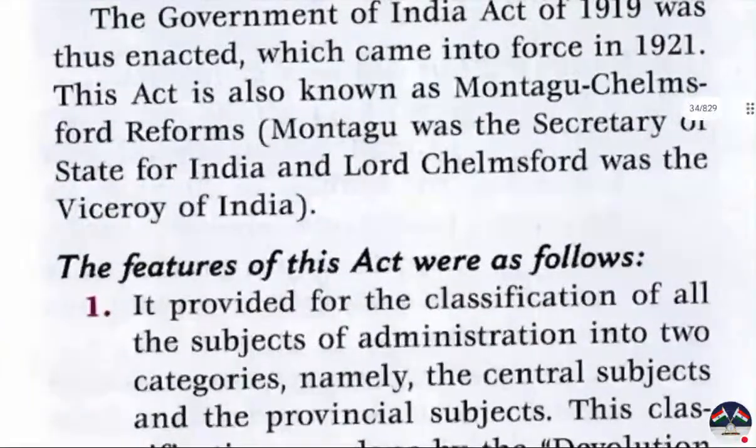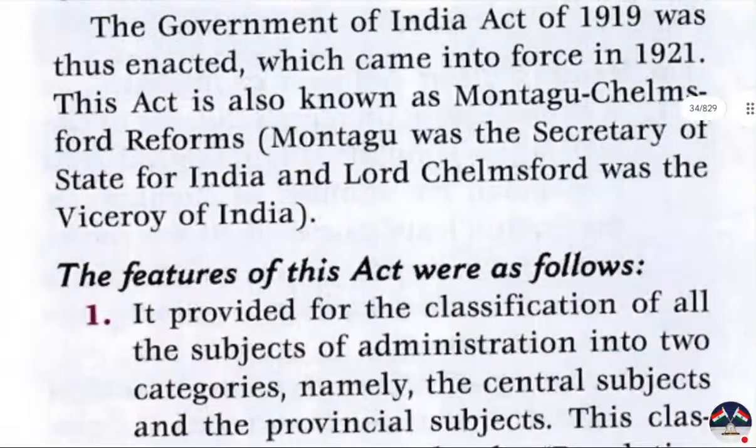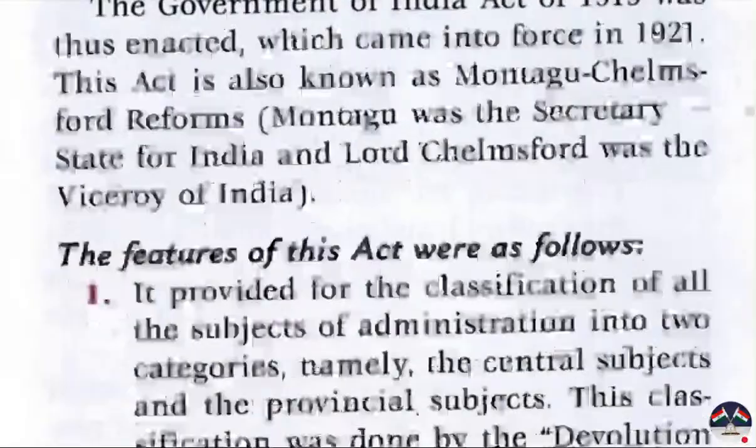The Government of India Act of 1919 was thus enacted, which came into force in 1921. This act is also known as the Montagu-Chelmsford reforms because Montagu was the Secretary of State for India and Lord Chelmsford was the Viceroy of India.